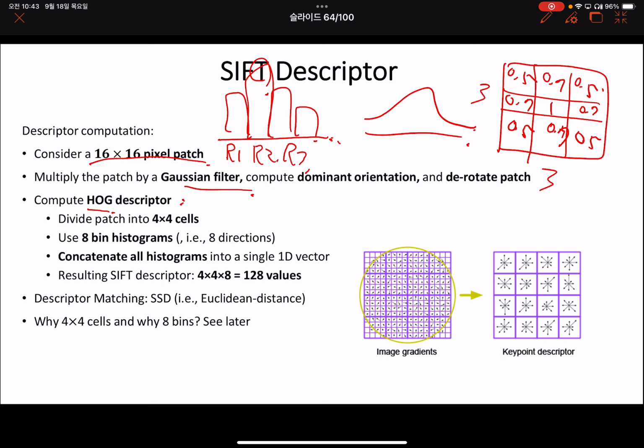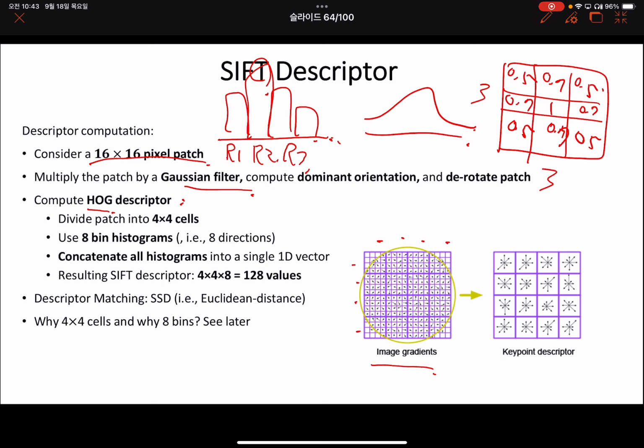So we compute this HOG descriptor, dividing the patch into 4x4 cells, as you can see here. This is the image gradient, and then we divide it into 4x4 cells. 4 by 4 cells, and use an 8-bin histogram. Bin means direction. When we compute gradient it is just a direction, right? And we predefine 8 directions.